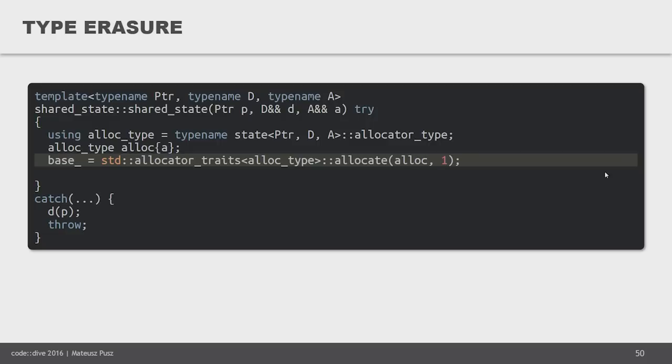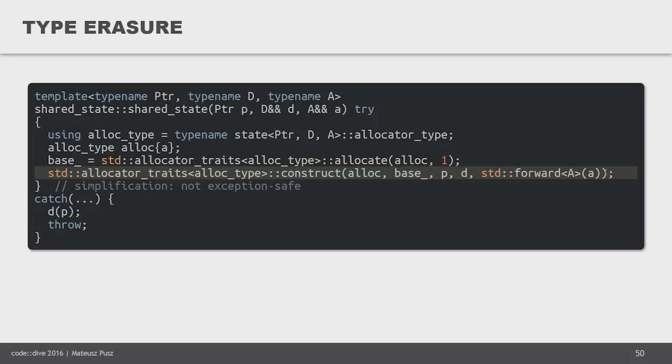We are allocating a buffer, a memory for it with the allocate function. It's assigned to the base pointer in our class. And then we are constructing the state in the buffer pointed by base. This code is, of course, oversimplified because if the constructor throws, we will not delete the memory allocated in the line above. It has to provide some more exception safety guarantees.